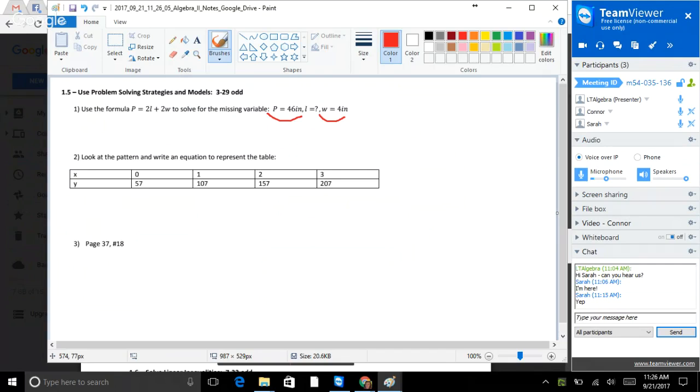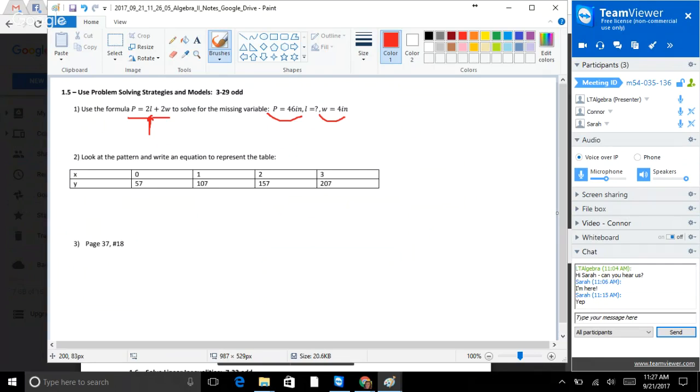Technically what the book wants you to do with this, and I know there are other ways to solve this, you could just plug it in as is and then solve. Technically what the book wants is to say, I know this is the standard formula for perimeter, but let me solve it for length as the unknown variable.